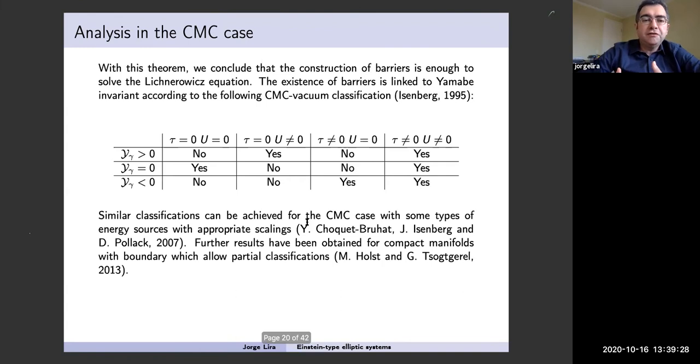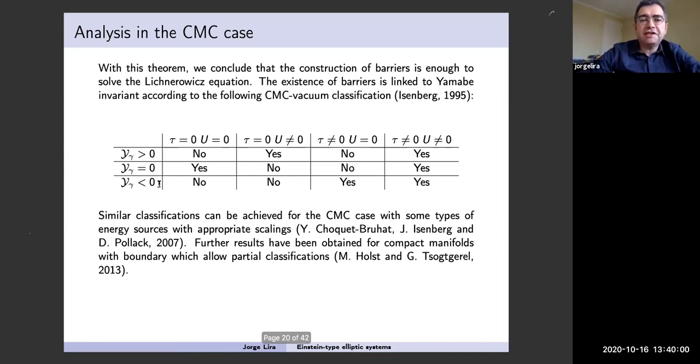So one of the most prevalent ideas is to consider the Yamabe invariant of the metric. In each case, if you have, say, a minimal hypersurface, so mean curvature equal to 0, and if the traceless part of the second fundamental form is given by 0, you have the possibilities of existence of super solutions in each scenario: if you have a positive Yamabe invariant, null Yamabe invariant, or negative Yamabe invariant.